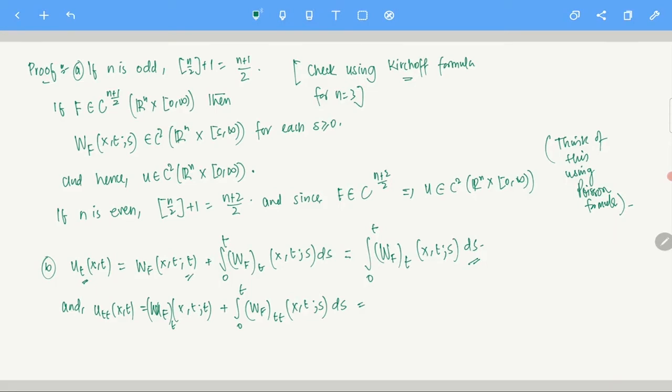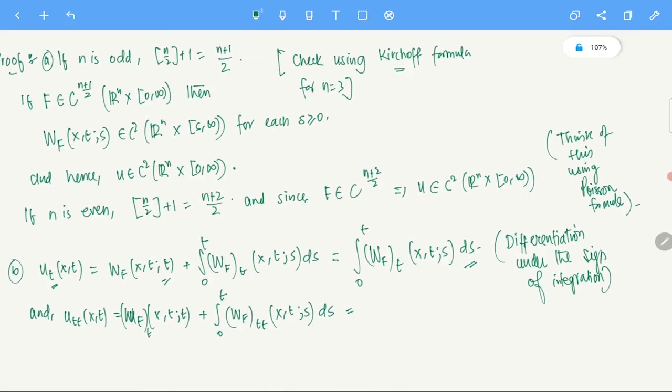So I think this is clear. I'm not doing anything but just differentiation under the sign of integration. Clear? I'm just using this in both the cases, that's all. Okay, where am I? u_tt is this, right? Okay, so this is fine.